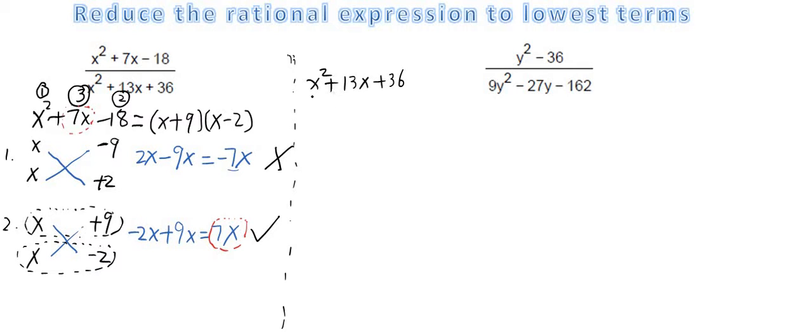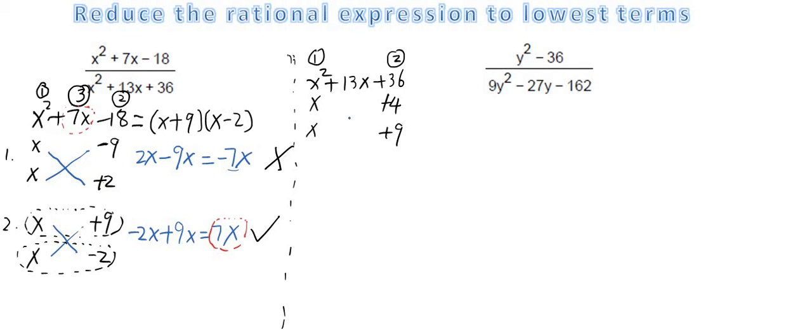We follow the same strategy, breaking down the first and last terms. We break x squared down to x times x. And 36 can be written as, for example, positive 4 times positive 9. 4 times 9 equals 36.